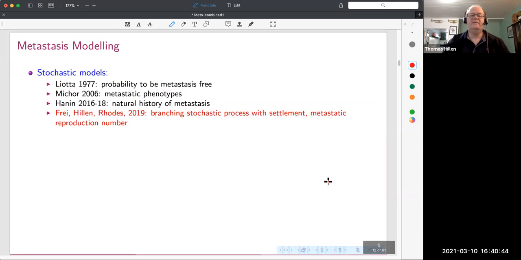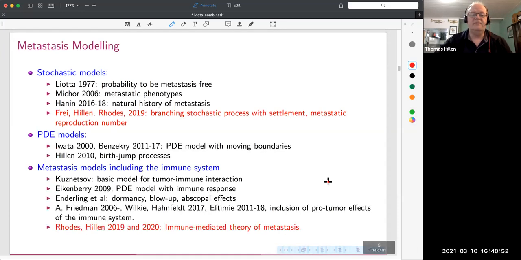Before I do this, let me look at the previous literature a little bit. I'm not going to talk about all these papers, but I highlight a few. There's a class of stochastic models, which makes a lot of sense. It's a stochastic process, you don't know where they go, so a stochastic model is the first idea you should have.